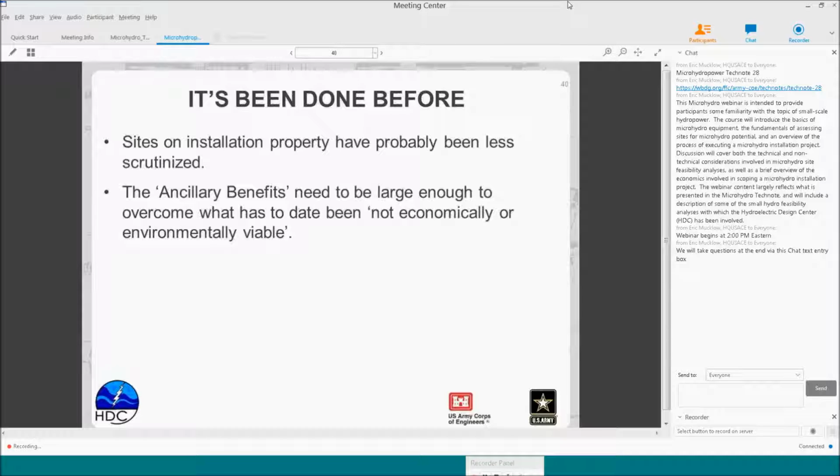But keep in mind that these are driven by the economics of those FERC licensees establishing viable commercial power production. If the goal is on-site use of the electrical power, then not only is it possible for the Corps to pursue microhydropower from a legal standpoint, recall again that the Corps can't add commercial power production to a non-powered dam, but it is also feasible from a perspective that those FERC licensees might not be considering.